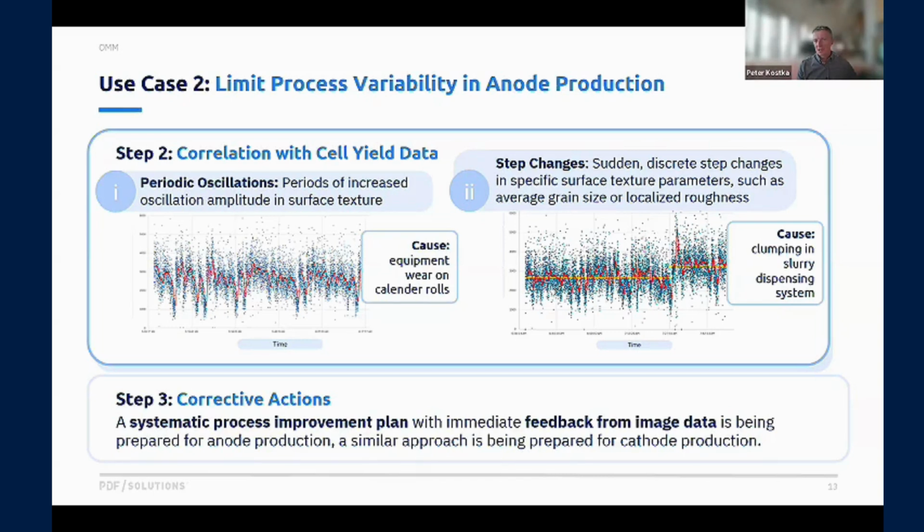And essentially, this is just a way of ensuring process repeatability for all of the upstream processes using a single instrument that's mounted right at the end of all of the anode processing.